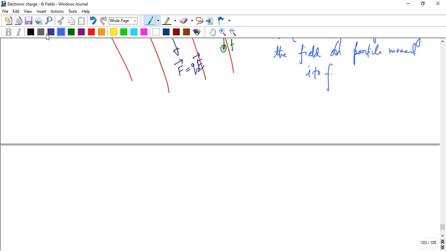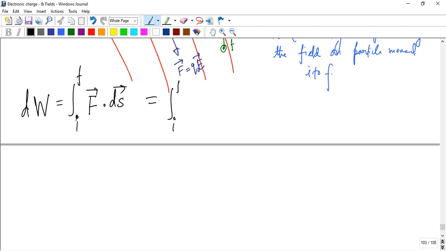If the work done is dW, that is equal to the integration from I to F of force times displacement. We know that is Q naught times E dot ds. Q naught is outside, so the integral from I to F of E dot ds.